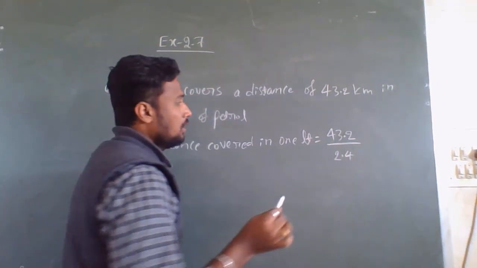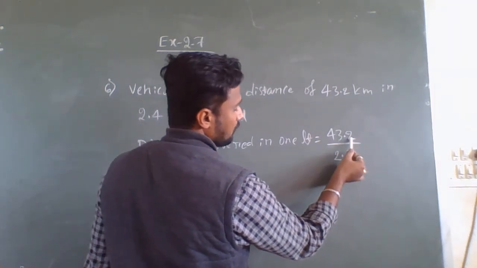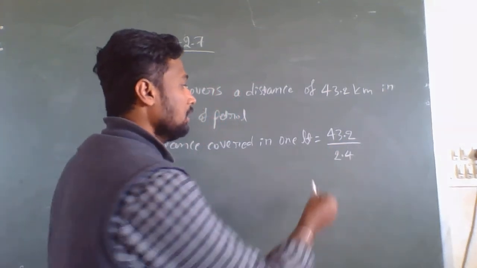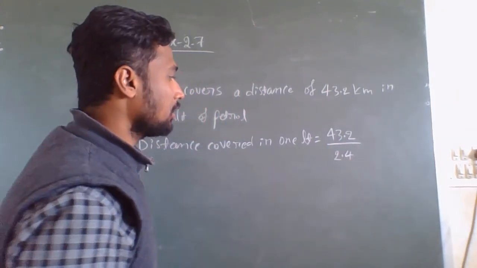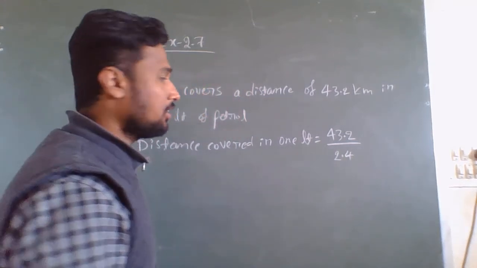Listen carefully. In numerator after this decimal point how many digits are there? Only one digit, that is 2. Okay. In denominator also you can see here after this decimal point only one digit is there, that is 4.